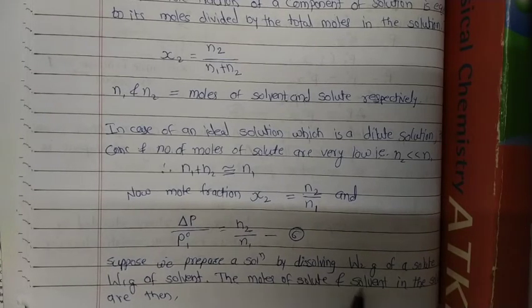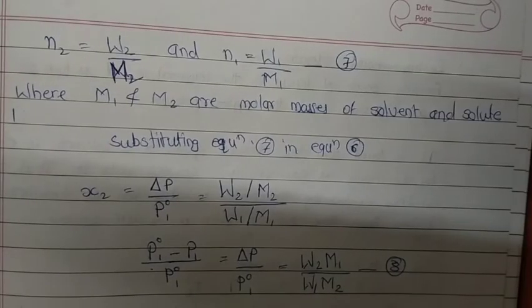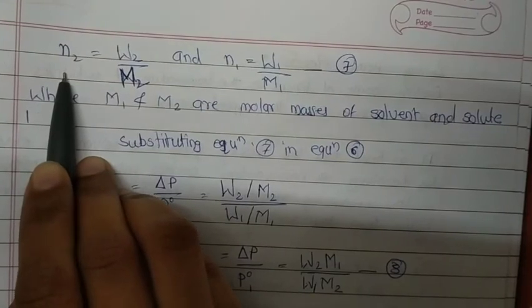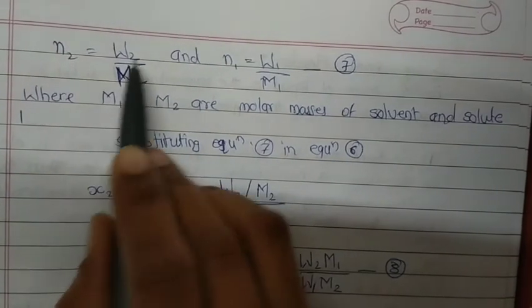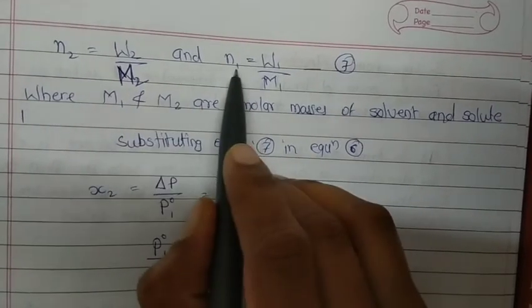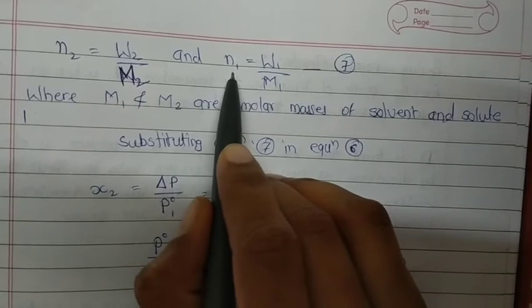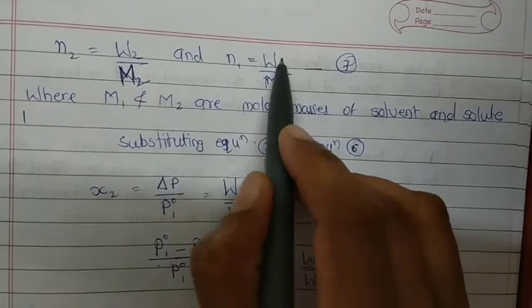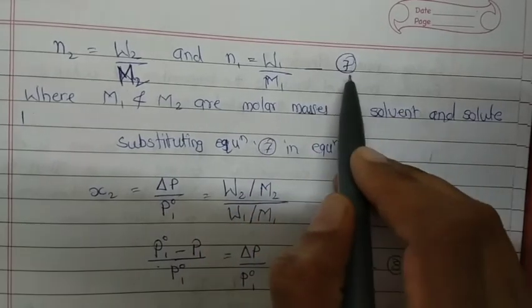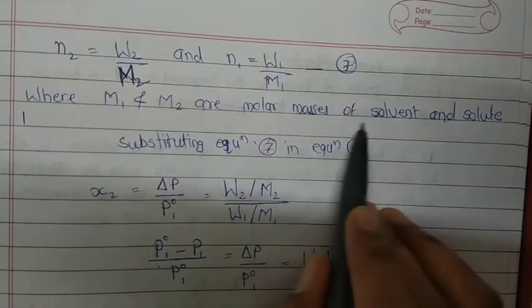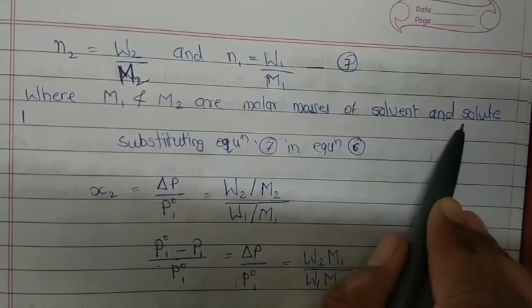Moles of solute and solvent in the solution are then N2, the number of moles of solute, which is given by W2 divided by M2, and N1, the moles of solvent, which is given by W1 upon M1. Call this equation number 7, where M1 and M2 are the molar masses of solvent and solute respectively.